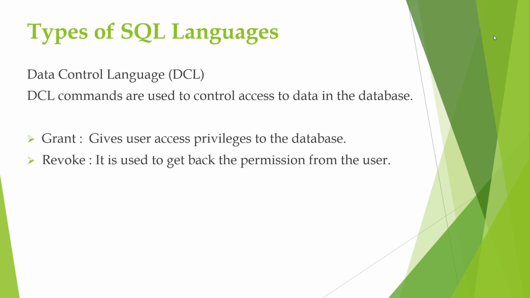Suppose you are joining a new company, then there will be a person called the database administrator. He is the person who will give access to the database. Here he will make use of this grant command to give you the access. Next command is revoke. This is the command which is used to take back the access which has been given to someone to access the database.